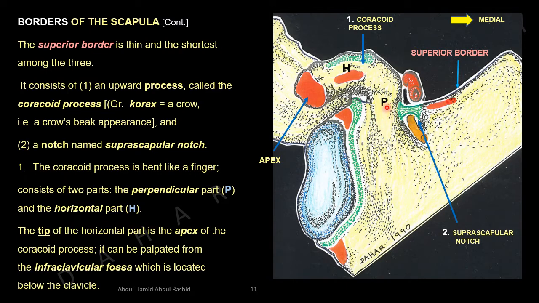This is the perpendicular part, P, and this is the horizontal part, H. Lateral to the horizontal part, this is the tip of the coracoid process, also called the apex. The tip of the coracoid process can be palpated from the infraclavicular fossa, which is located just below the clavicle.